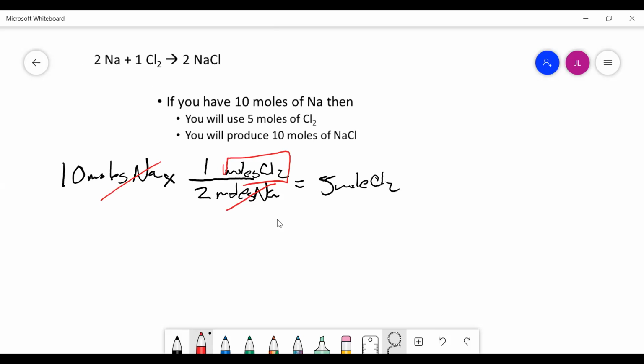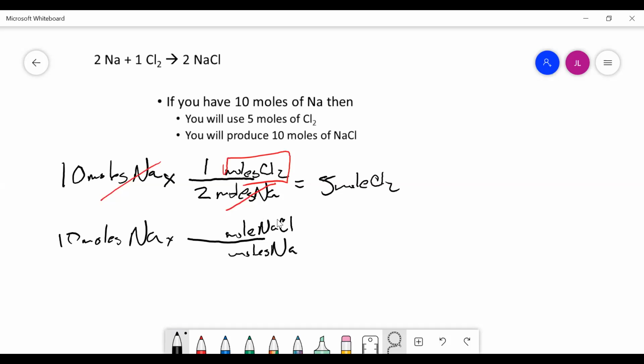So we do the same thing. Let's take our 10 moles of Na. Now we're going to go to sodium chloride. So moles of NaCl on top, moles Na on the bottom.